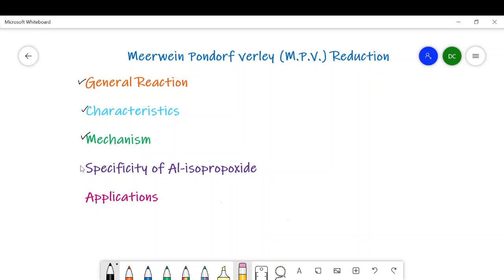Why it is used in this reaction, that is the specificity of the aluminum isopropoxide, is discussed. And finally, we will go through the application of this MPV reduction. So let's start with MPV reduction reaction.